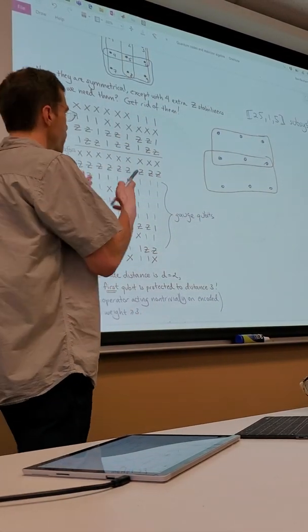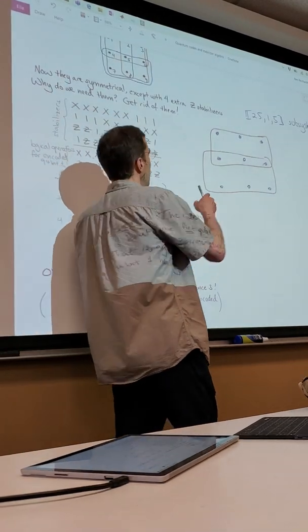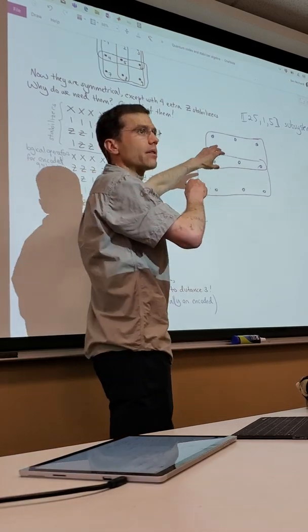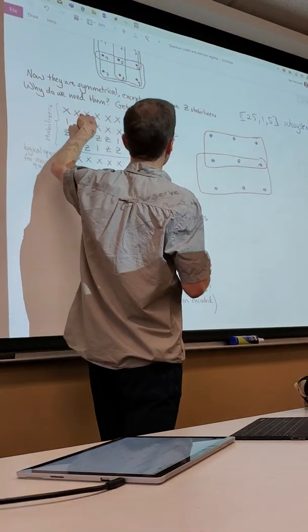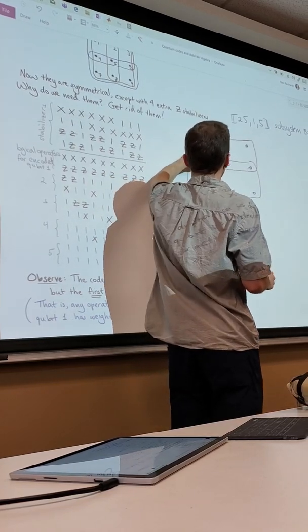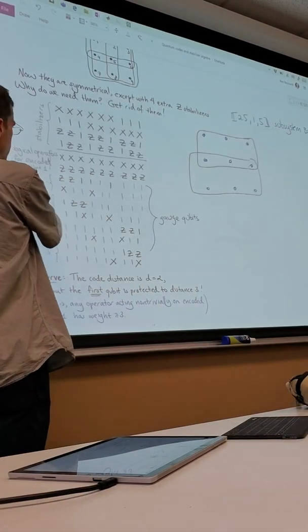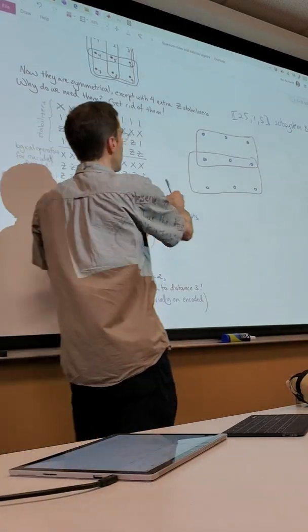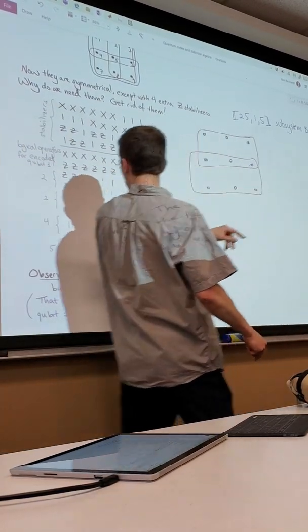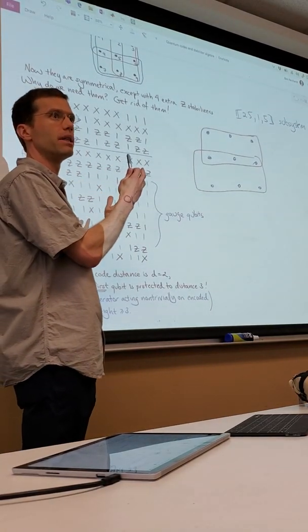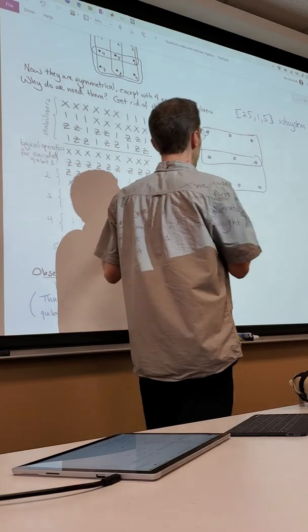Okay, and so here's the cool thing. Instead of measuring this weight 6 operator to measure the X stabilizer, what I can do is just measure X1, X4, and this logical X operator. And I can measure X2, X5, which, okay, it's not one of these, but it is a logical operator for a gauge qubit, or a combination of gauge qubits.